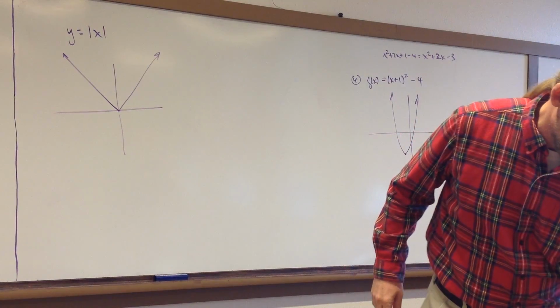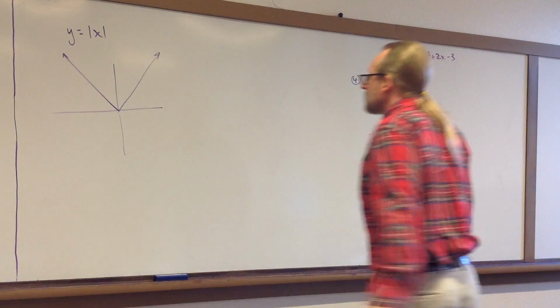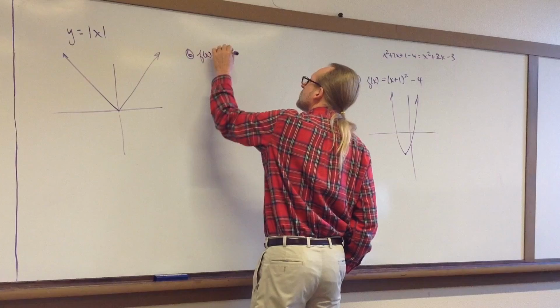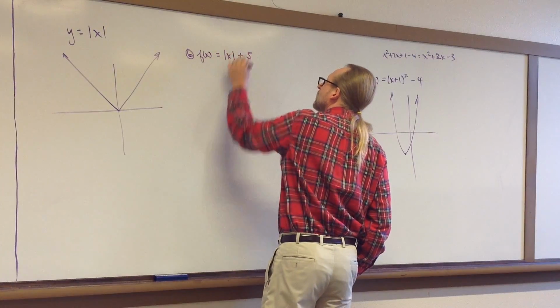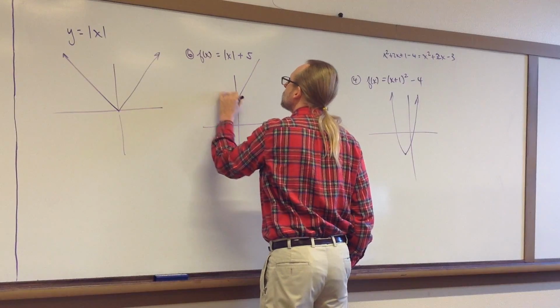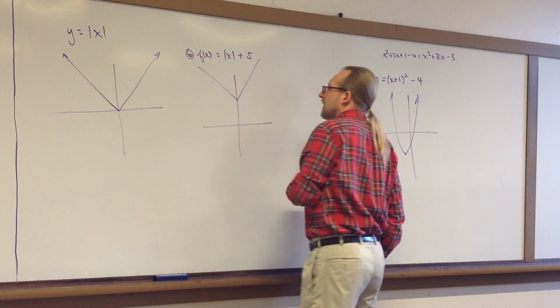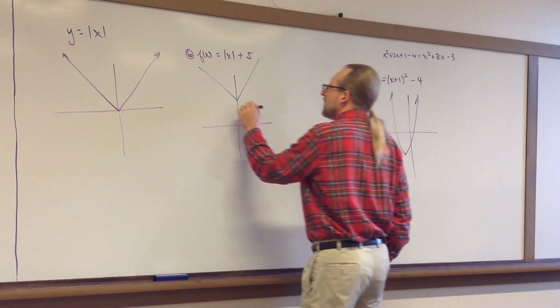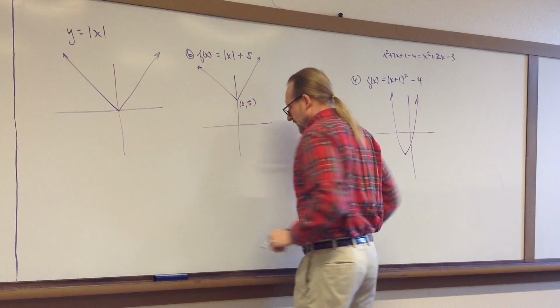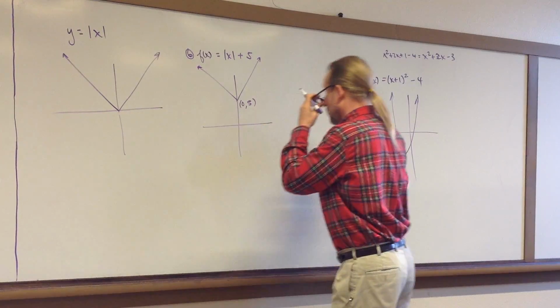So number 6, we want to graph f of x is absolute value of x plus 5. All that's going to do is push it up 5 places. I don't know if we would call it a vertex or not, but that's going to be at the point 0, 5. There's a good sketch for that one.